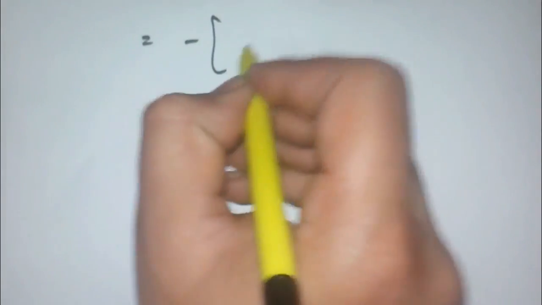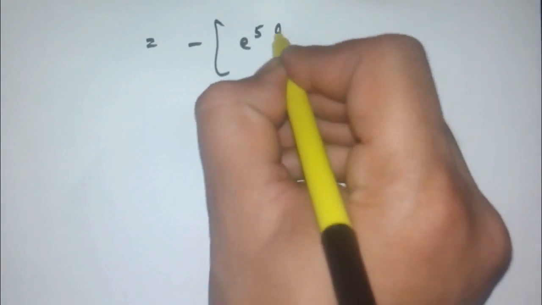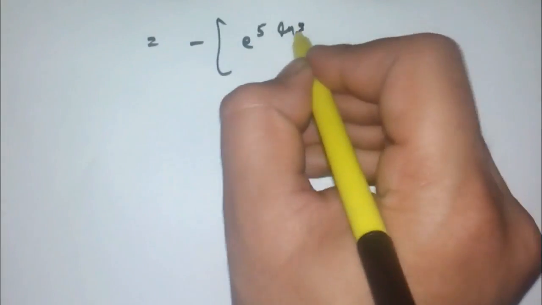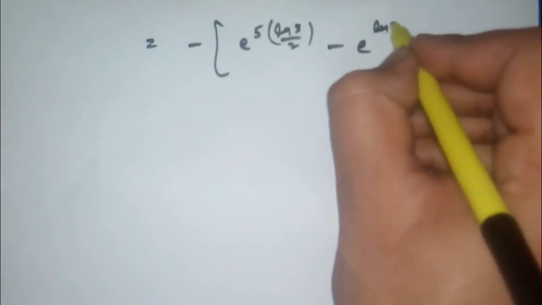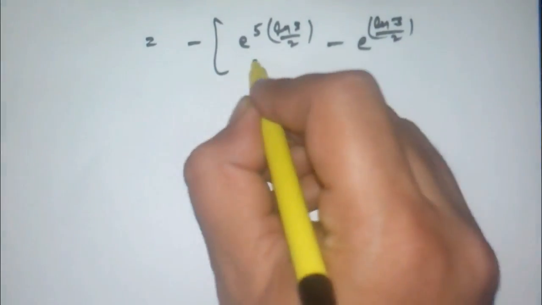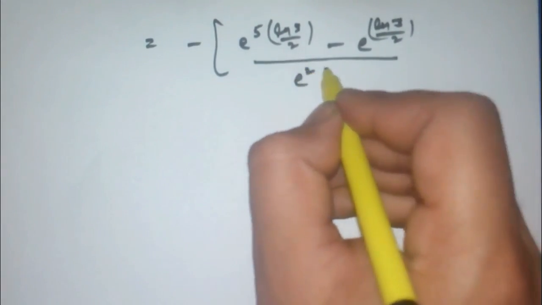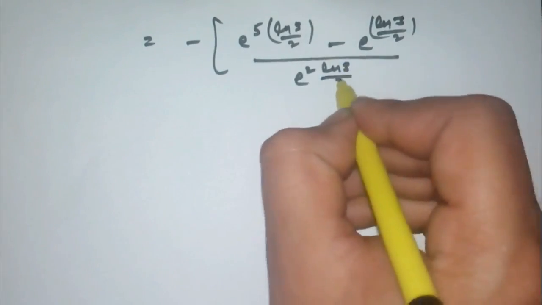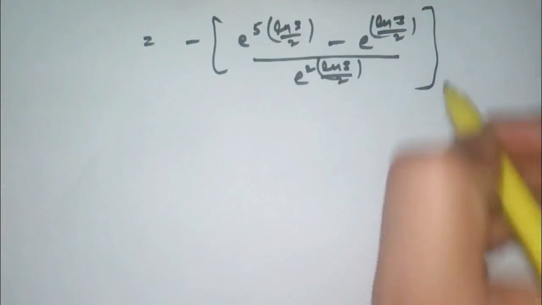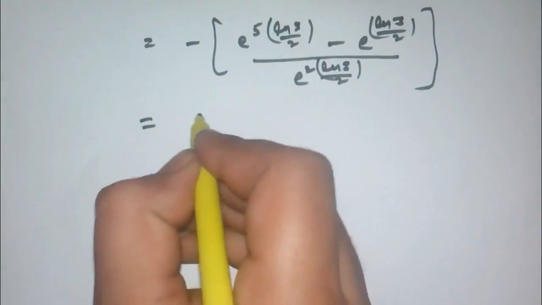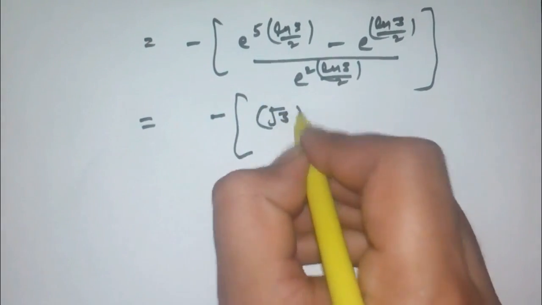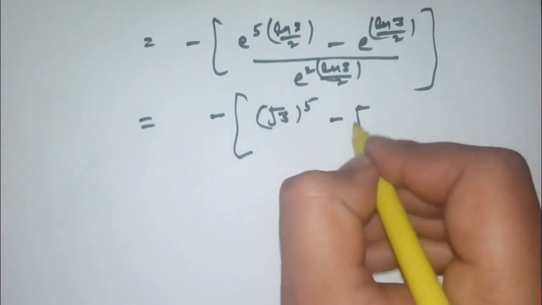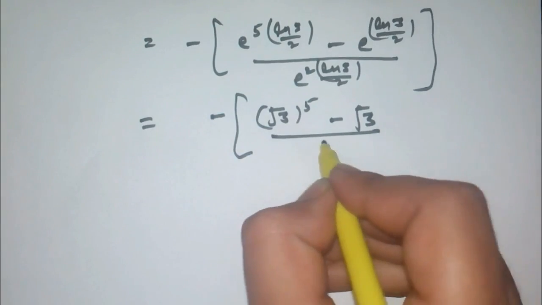Now put the value of z naught, we will get minus exponential 5 natural log 3 upon 2 minus exponential log 3 upon 2 upon exponential 2 log 3 upon 2. Now this will become minus square root of 3 power 5 minus square root of 3 upon 3.